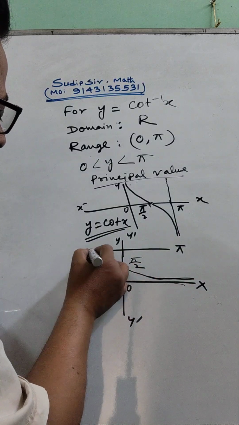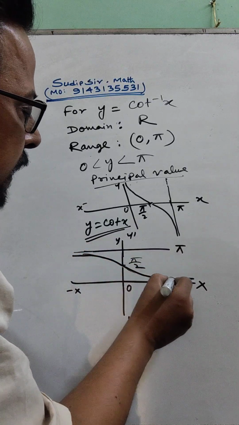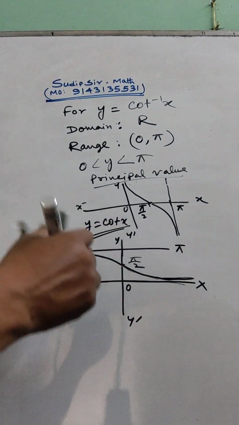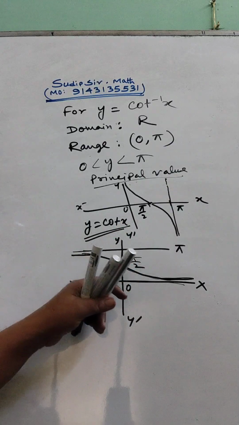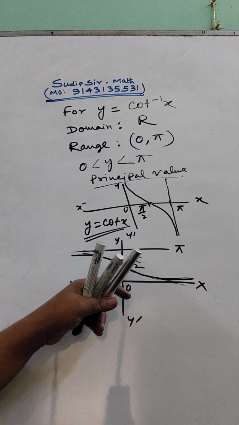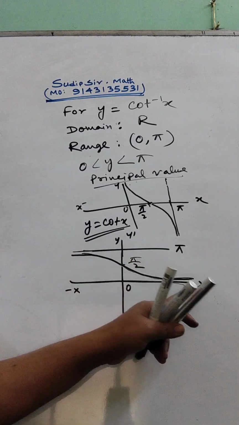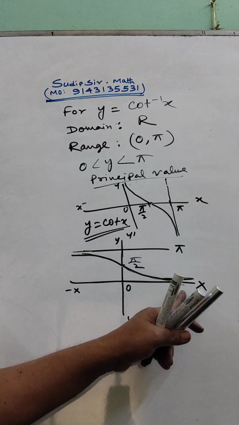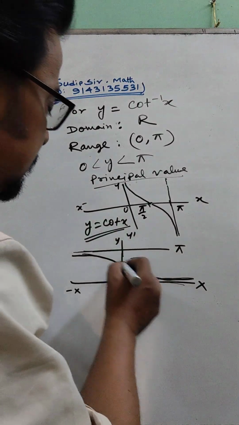Cot inverse x will be like this. This is pi. This is pi by 2. Asymptotes at pi and y equal to 0, that is the x-axis.